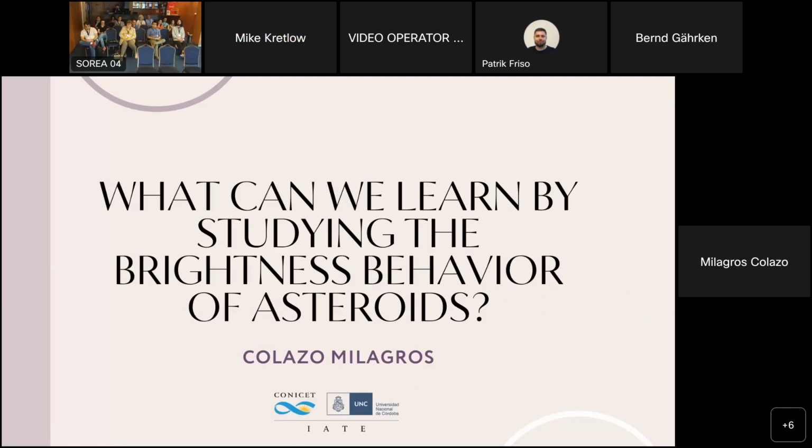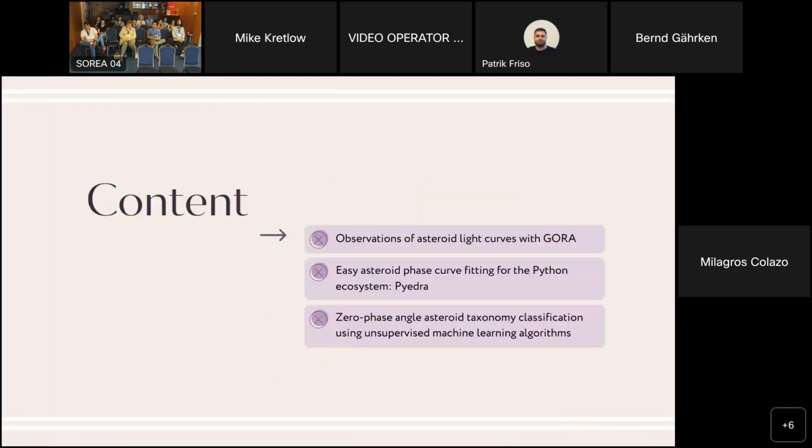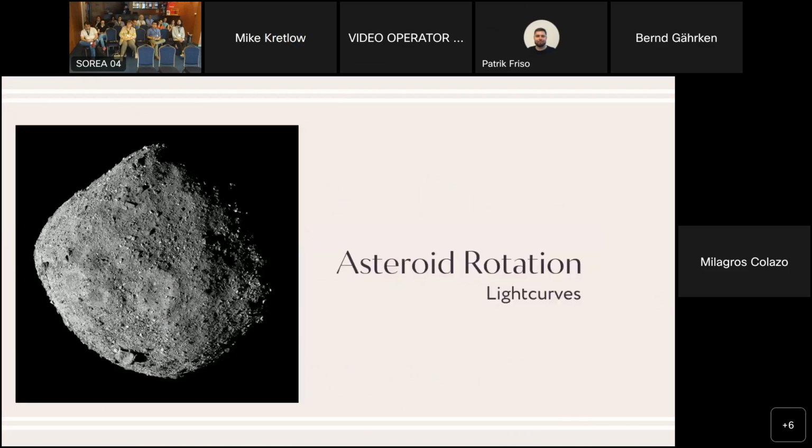I'm going to talk about what we can learn by studying the brightness behavior of asteroids. This is kind of a summary of my work related to phase curves and also light curves of asteroids. First of all, I'm going to talk about the asteroid rotation, so the light curves.